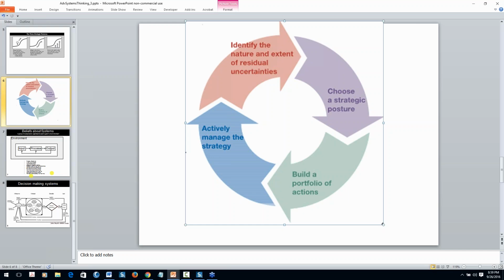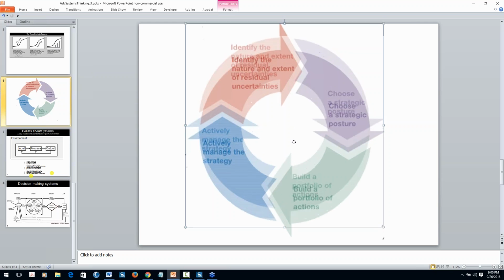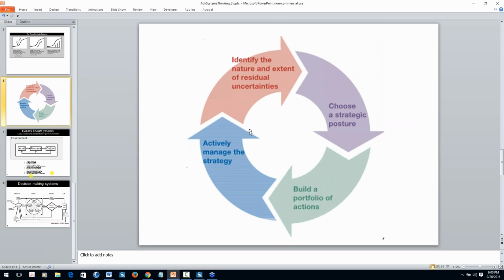And you could do all those regardless of which market state that you find yourself in. And then finally, managing actively the strategy so that if the residual uncertainty changes, you can then go through the cycle to decide if you need to change your posture, change the portfolio of actions, or change the targets. So there's this virtuous cycle of systematically looking at the market through the lens of uncertainty, and then using your descriptions of uncertainty to decide what's the appropriate strategy.